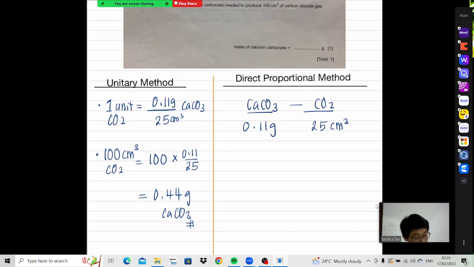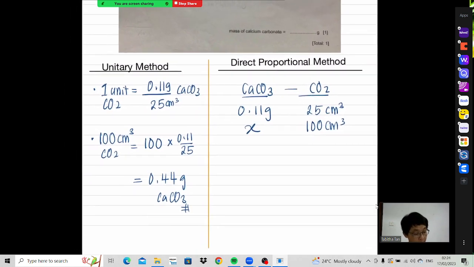Now they ask how many gram of calcium carbonate, so just put an X or question mark, whatever you like, to produce 100 cm³ of carbon dioxide.